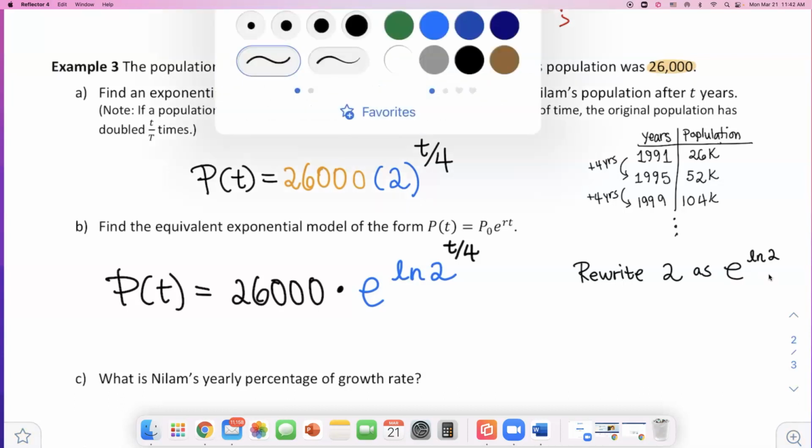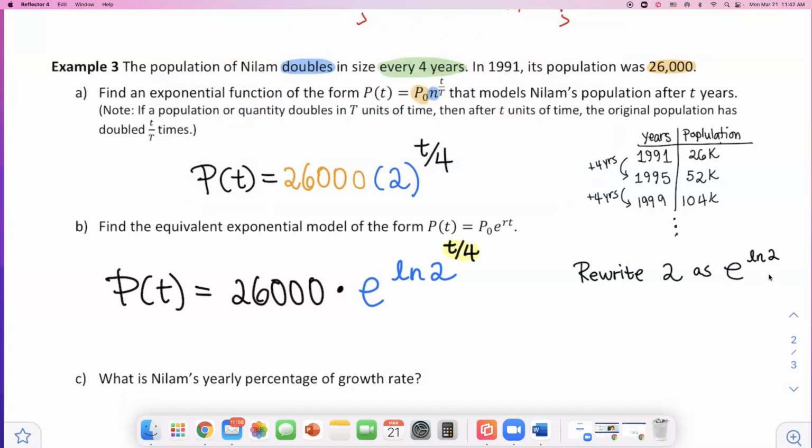All right, let me highlight this. Bring this exponent of t over 4 in front of this natural log of 2, and it's going to look like this: 26,000 times e to the t over 4 times natural log of 2.